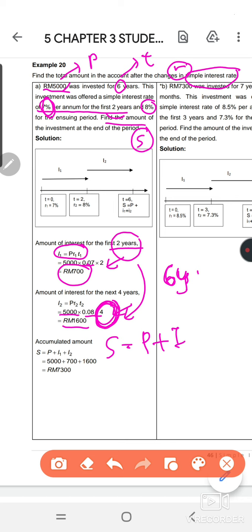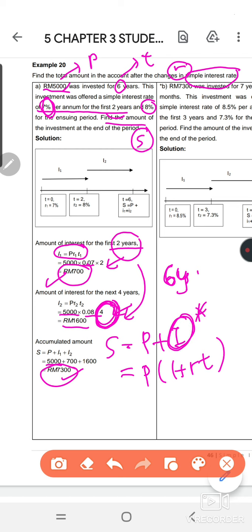Okay, tapi P sekarang ni adalah 5,000 and then I1 is 700, this one, and then I2 is 1,600. So kita dapat accumulated is 7,300. Okay, sebab apa kita tak guna formula P(1 + RT)? Sebab kat sini sebab I dia dah berubah. So I berubah maknanya kita boleh kira I satu-satu, I1 and I2.